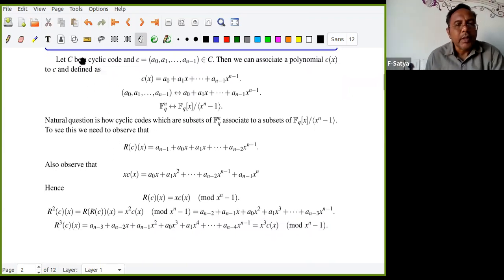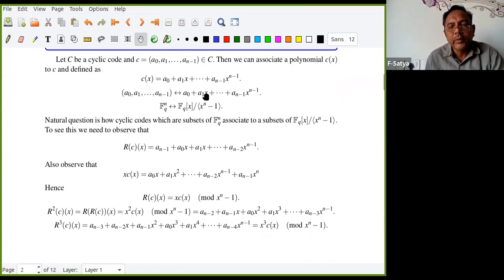Let C be a cyclic code. Then we can associate a polynomial C(x), a0 plus a1x plus a2x^2 and so on, up to a_{n-1}x^{n-1}. That is our one-to-one correspondence. I can give a polynomial or I can give the vector.